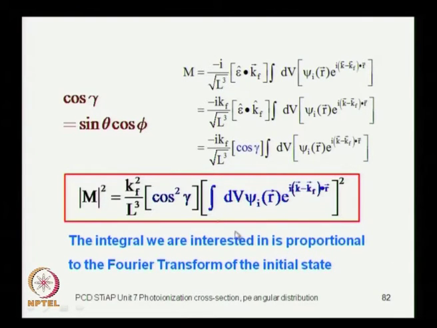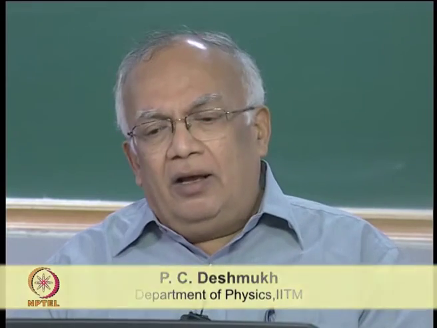So, the integral that you are looking at is essentially the Fourier transform of the initial state. Okay, this is what I had hinted, that it is developing into an integral which is very commonly used in mathematical physics. This is nothing but the Fourier transform of the initial state, and for any initial state, the hydrogen atom 1s, 2s and so on, all these functions are well known. You can get their Fourier transforms very readily.